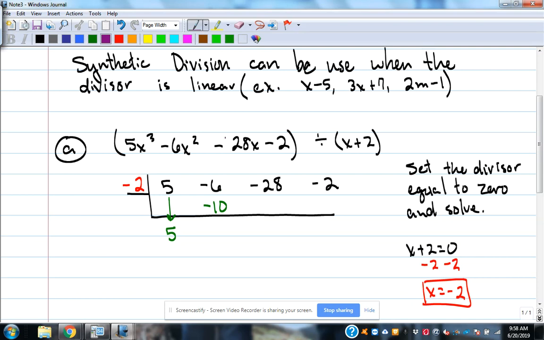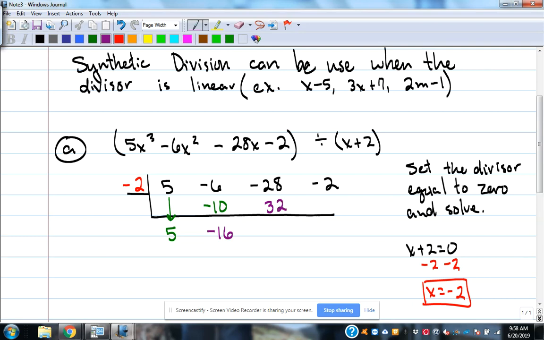Add: -6 plus -10 would be -16. Multiply -16 times the number on the shelf. -16 times -2, +32.